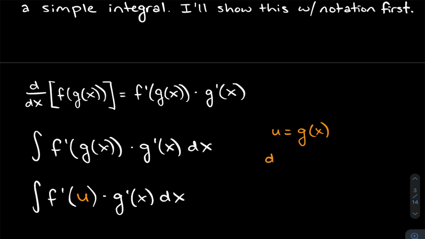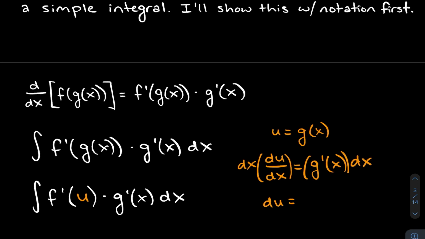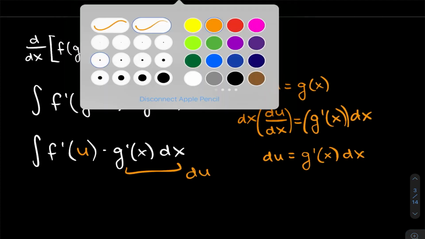We're going to do du over dx. That's what the derivative of u would be. And that's going to be equal to g prime of x. And then how we use that for a substitution is we multiply the dx over. And so that's why in a u-substitution, you'll see people write it as du equals g prime of x dx. And so with this substitution, now this guy is going to become du. And this has simplified the integral a lot.